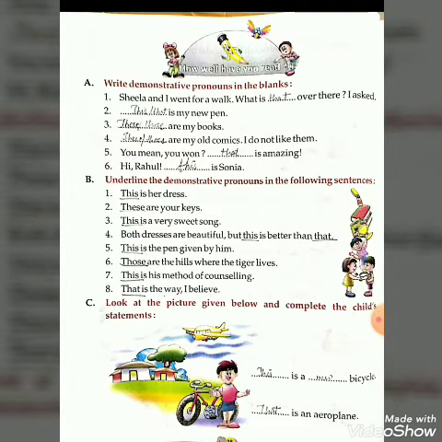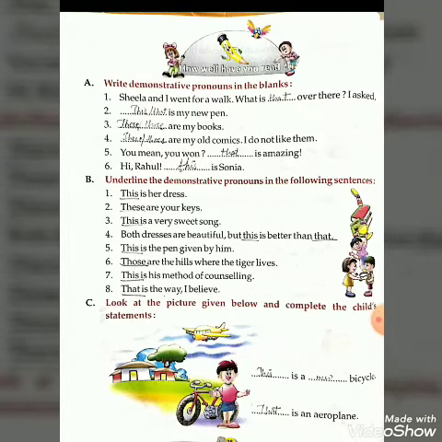Fifth one, this is the pen given by him. Here the word this is demonstrative pronoun. Now the sixth one, those are the hills where the tiger lives. So here the word those is demonstrative pronoun.